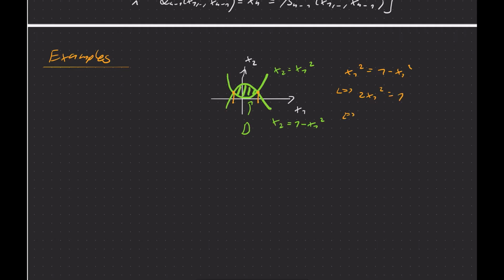And that, of course, is the case if and only if x1 squared is 1 over 2, or x1 is plus or minus 1 over the square root of 2. Okay, so this is minus 1 over the square root of 2 and plus 1 over the square root of 2. So to describe this normal domain, we can say that x1 is enclosed between these two orange bounds, minus 1 over the square root of 2 and plus 1 over the square root of 2.